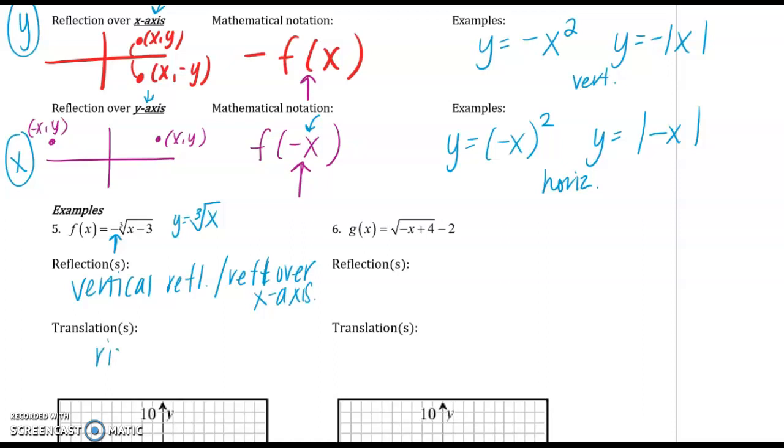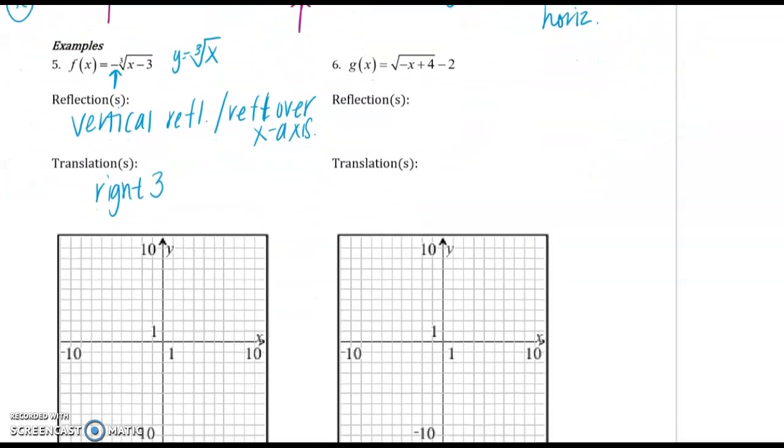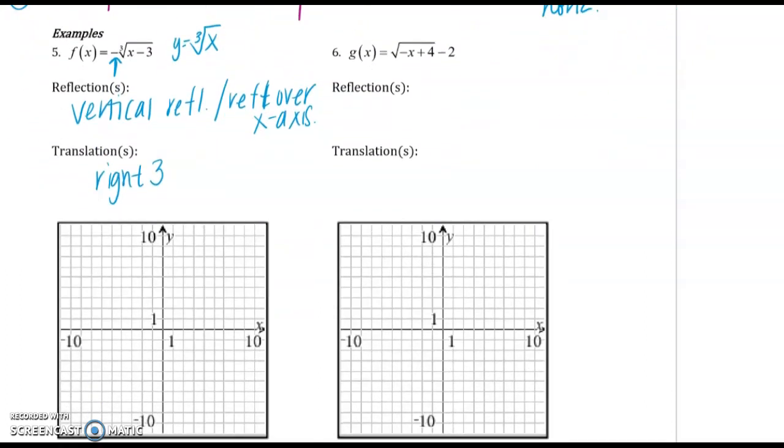And we've shifted right 3. So here's kind of how I like to do these problems. I like to first think about the parent. So if the parent is the cube root of x, let's think about the easiest things to take the cube root of. 0, 1, 8, and then negative 1 and negative 8. And I can really quickly get those cube roots.